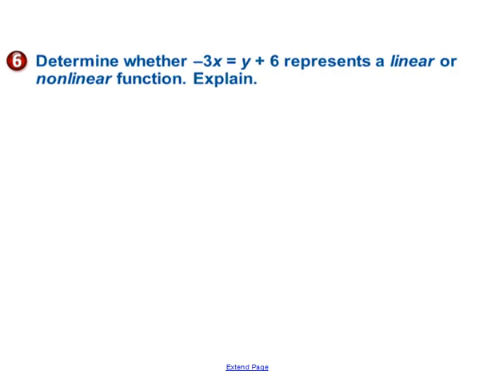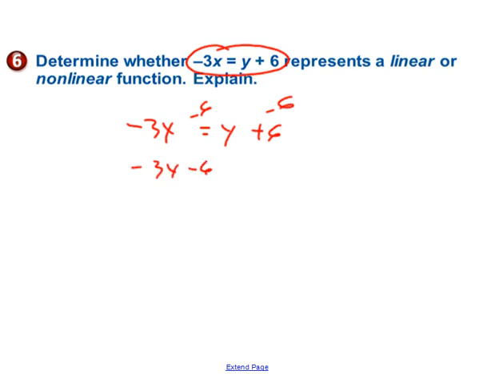Determine whether negative 3x equals y plus 6 represents linear or nonlinear. I'm going to subtract 6 from both sides. So negative 3x minus 6 is equal to y, because these cancel out.